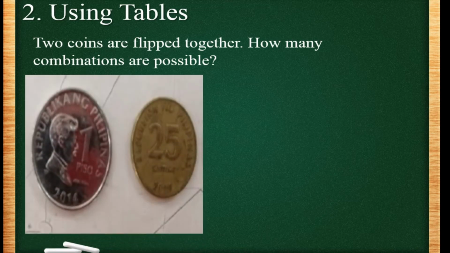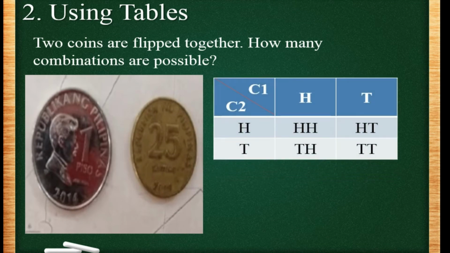So these are the two coins. You are going to prepare a table like this, where you will write the possible outcomes for each event. Coin 1, the possible outcomes, you either have a head or tail. Same thing for coin 2, you toss it, you can either have a head or a tail.